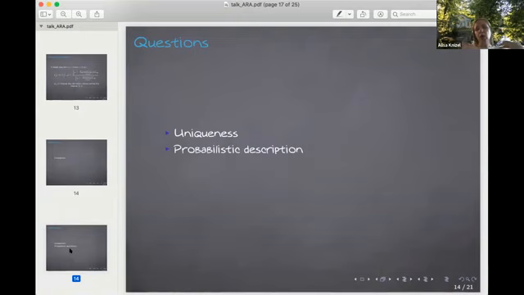Another natural question is about the probabilistic description. So we get this characterization of the WASEP stationary measure in terms of the multi-point Laplace transform. However, it would be much nicer to have a more probabilistic description of this object, so to invert this Laplace transform. And indeed, it turned out to be possible.